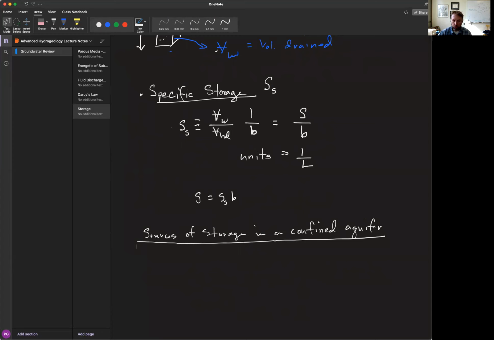So there's 2 sources of storage in this mythical aquifer, or in any confined aquifer. One is the expansion of the water.